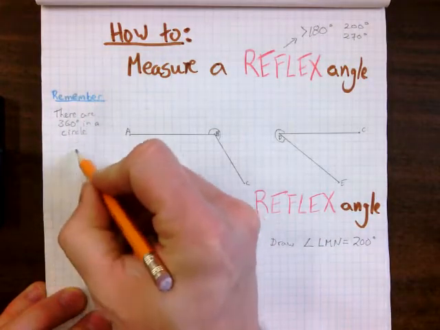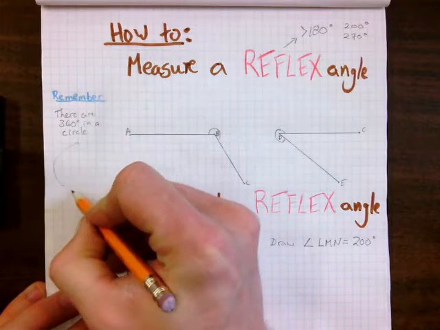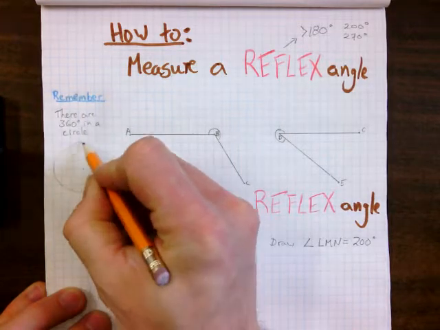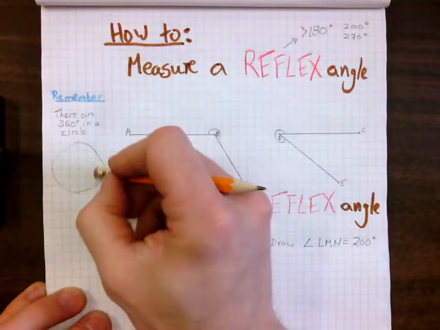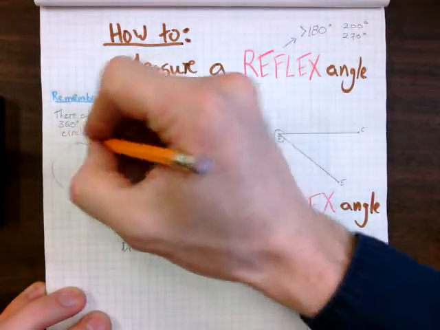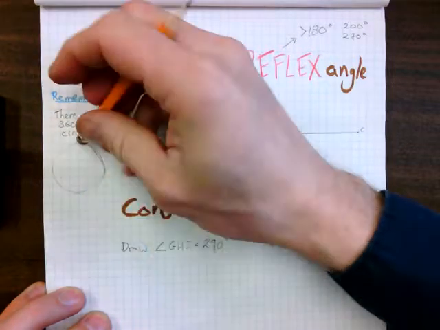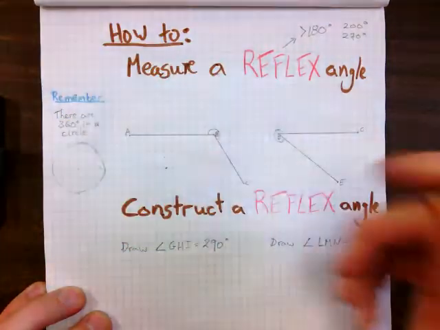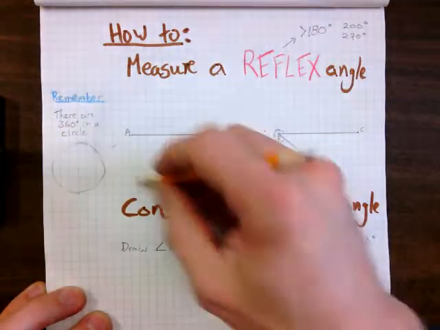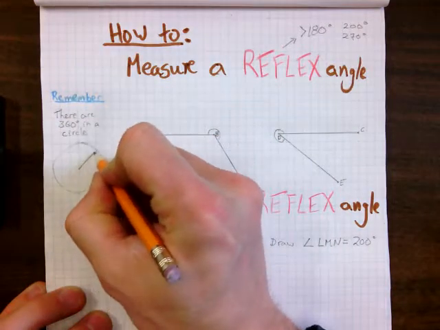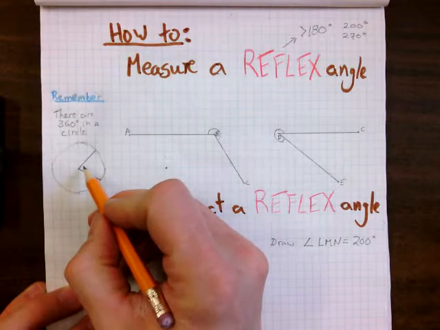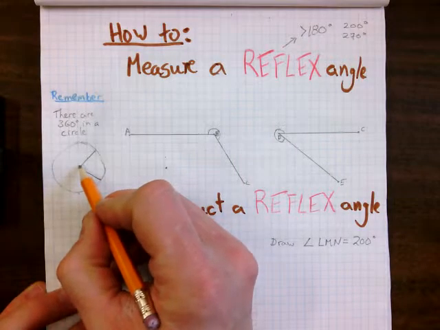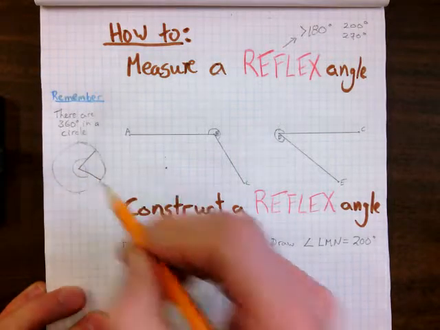So if I was to draw a circle, very, very roughly draw a circle, okay? Anywhere where I draw a line in the circle or two lines in that circle, I form an angle. So if I was to draw two lines like this, I have an angle here, and I have an angle on the outside of that around here.